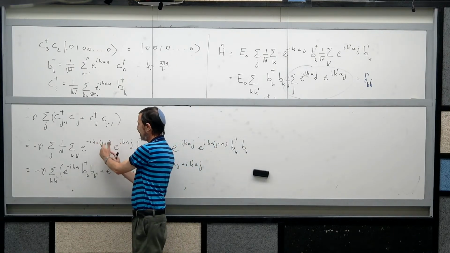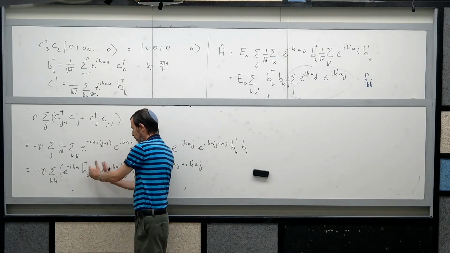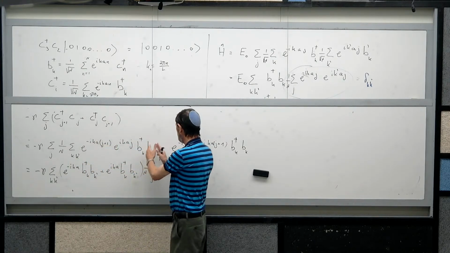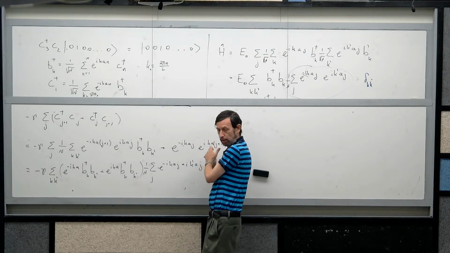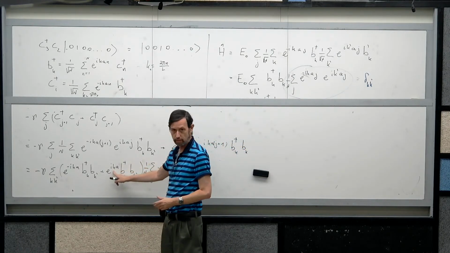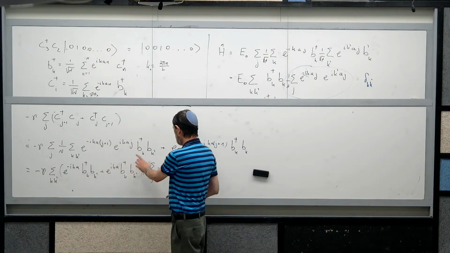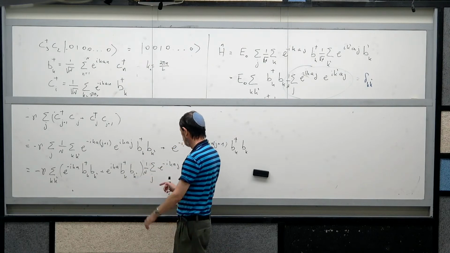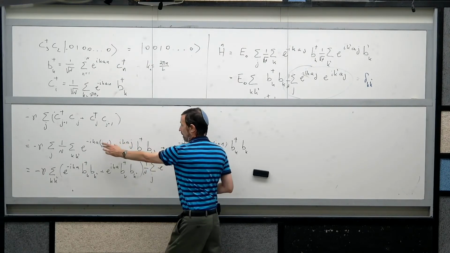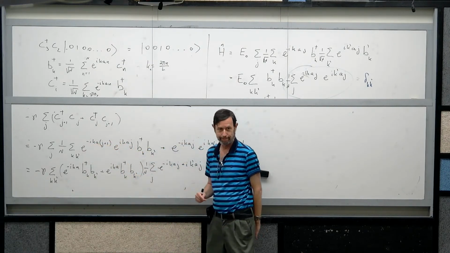Here, the part times 1 doesn't depend on J, so I can put it before. The plus 1 doesn't depend either, it's only on plus and minus. Both of them are multiplied by k prime. And inside I have the same multiplication.